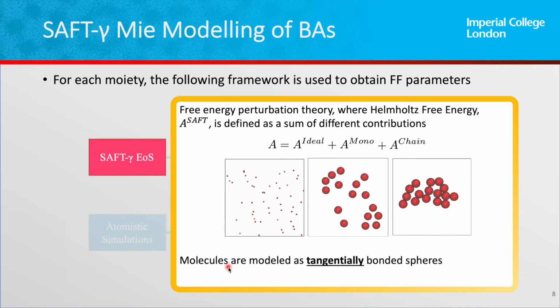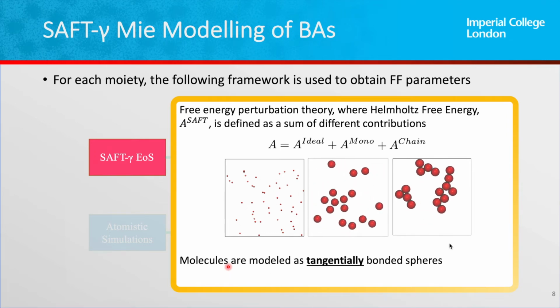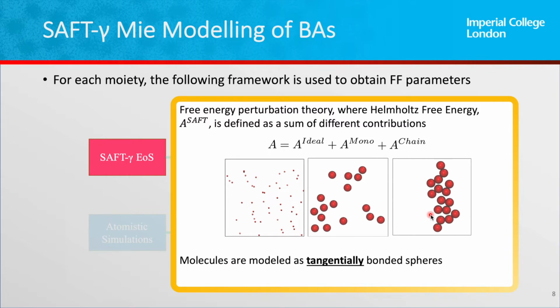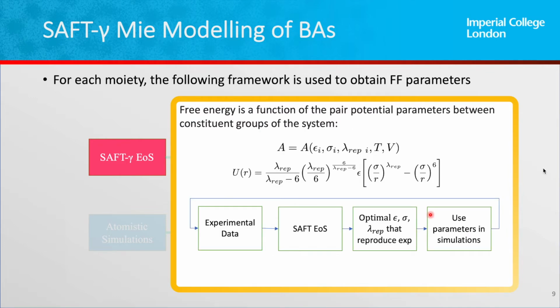And once we have that, this equation of state assumes that these chains are tangentially bonded spheres. The good thing about this equation of state is that the input parameters are actually the Mie potential parameters. So they're basically intermolecular potential parameters that are very similar to Lennard-Jones parameters. They just have a variable repulsive exponent. They're basically the same as Lennard-Jones interactions.